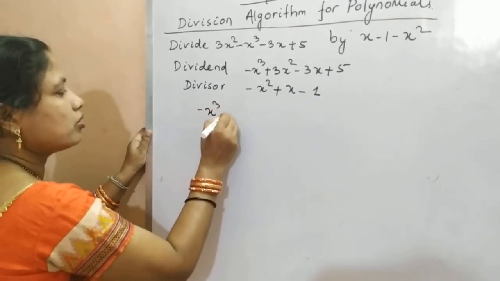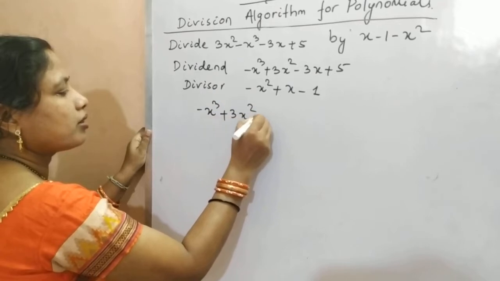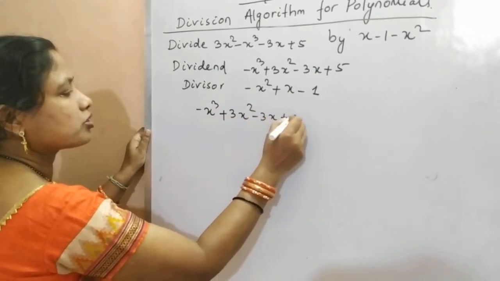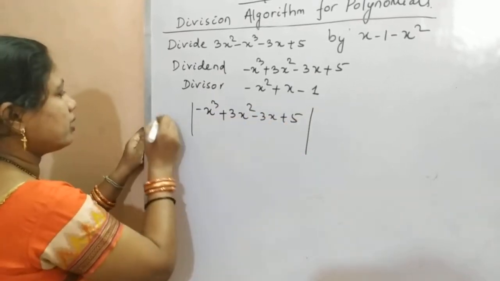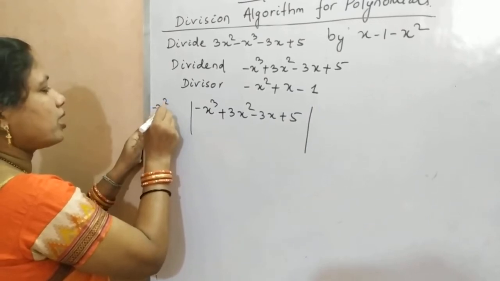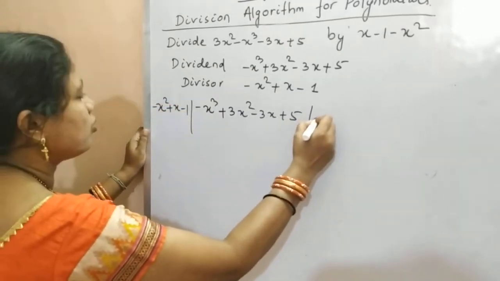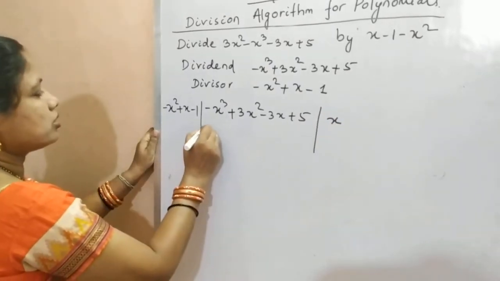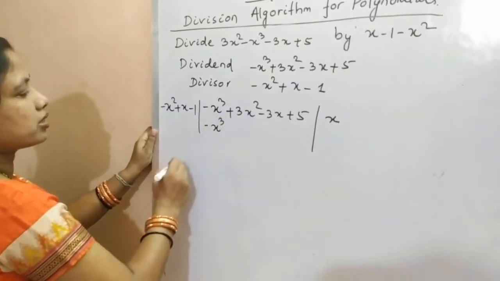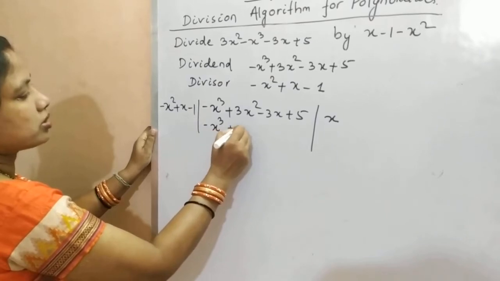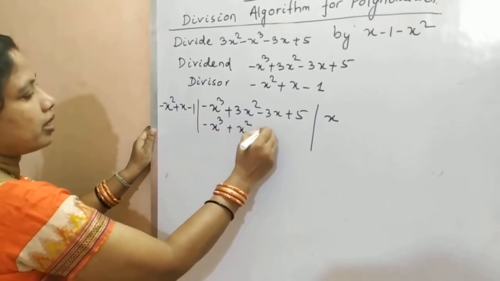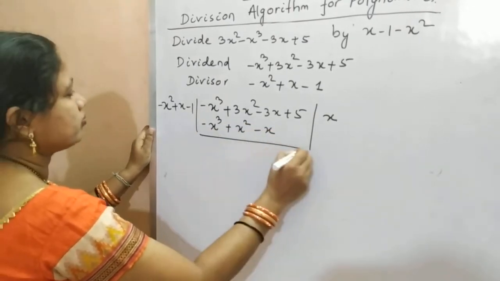Minus x cube plus 3x square minus 3x plus 5 divided by minus x square plus x minus 1. So here I will put x. So this becomes minus x cube plus x square minus x.